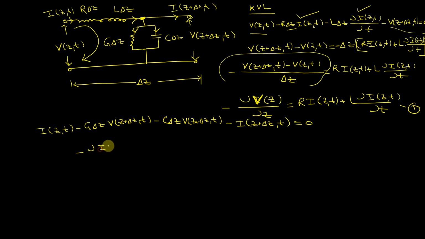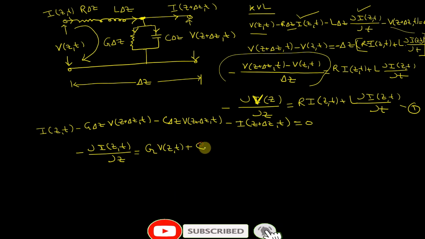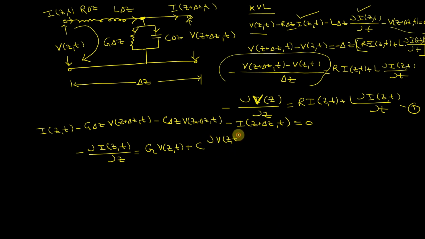Minus curl I(z,t) divided by curl Z is equal to G V(z,t) plus C curl V(z,t) upon curl T. This is the second equation. We have these two equations, and these are the general transmission line equations.